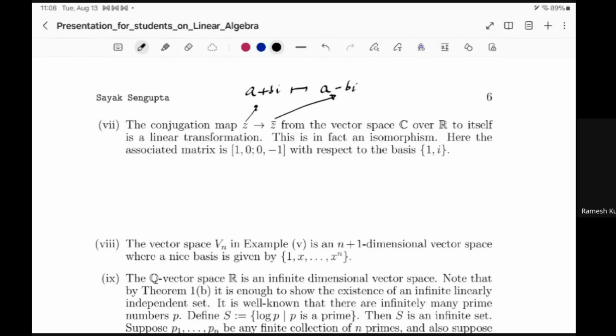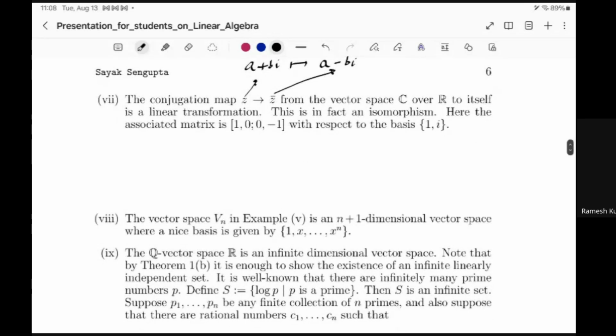And the associated matrix, we remember that we have talked about how every transformation is representable in terms of a matrix. How can you do that in this particular case? Well, I didn't exactly give a name to this. Let's call this the map psi for now, or okay, maybe I was saying T, so let's stick with T. What is T of 1?